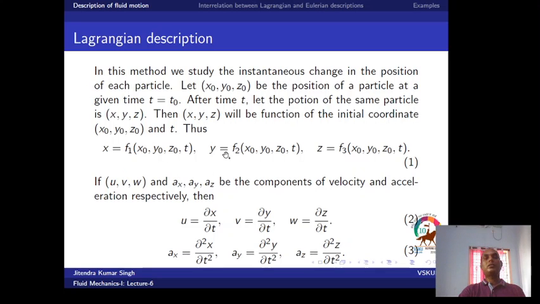Since x, y, z are functions of the initial position x naught, y naught, z naught, and t, the velocity components u, v, w and the accelerations will also be functions of x naught, y naught, z naught, and t. So in Lagrangian description, a quantity related to the fluid will be a function of the initial position and time t.